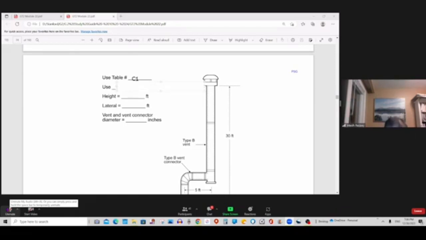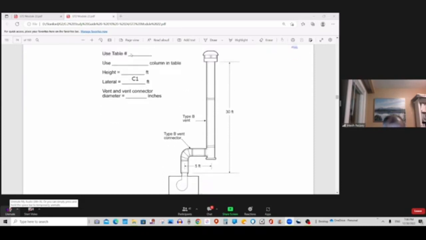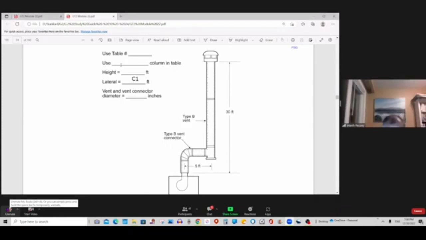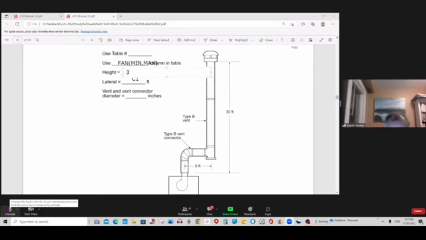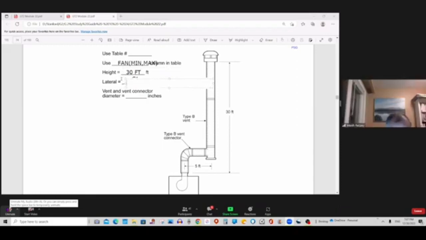What type is it, sir? Fan assisted. Okay, fan assisted, so in min and max, right? Yes, sir. Okay, height is 30 feet, and L is 5 feet. So with L5 height, what do you get?